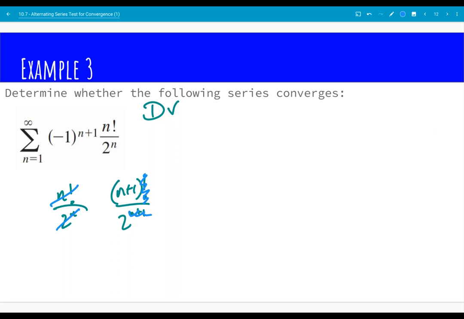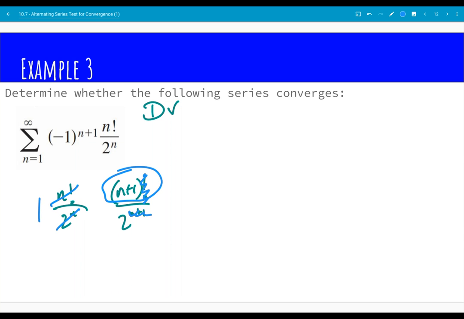Because remember, n plus 1 factorial is n plus 1 times n times n minus 1, and so on. So everything from n on down cancels. And what we get then is 1 on the left side compared to an increasing quantity here over 2.